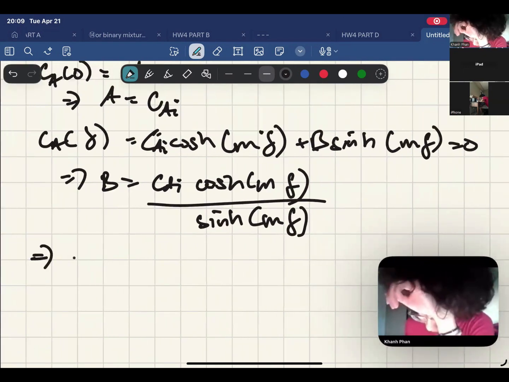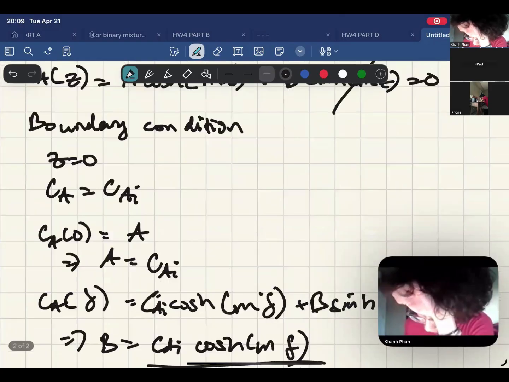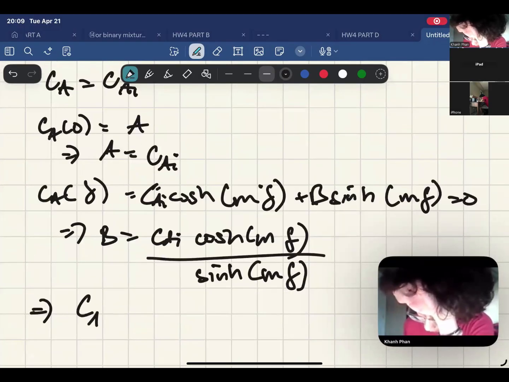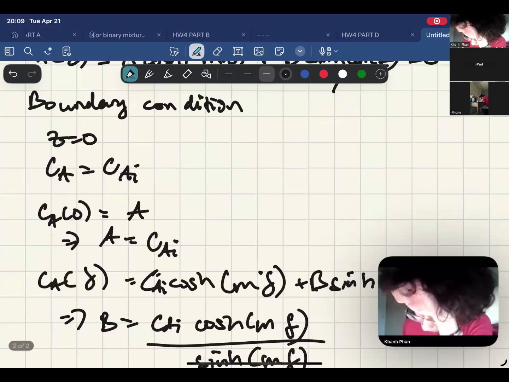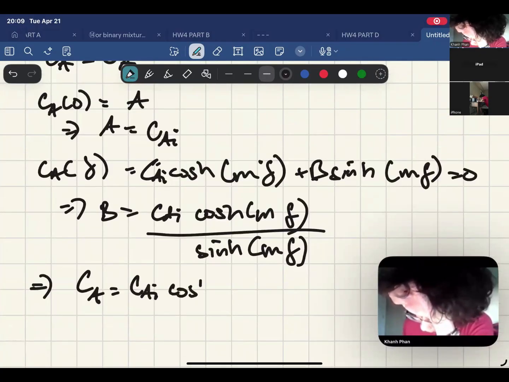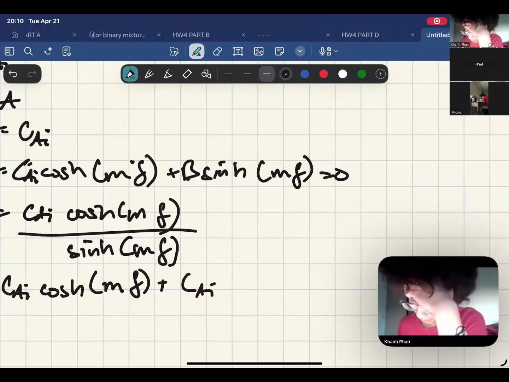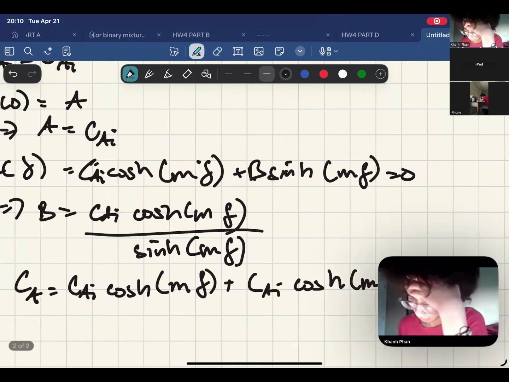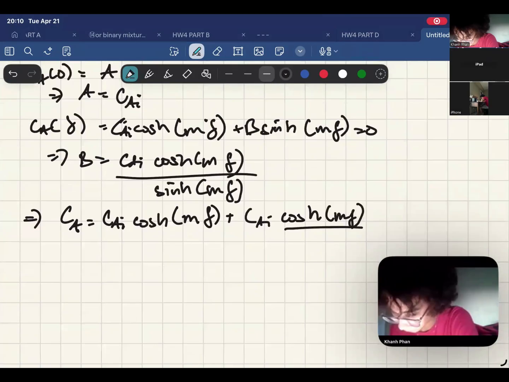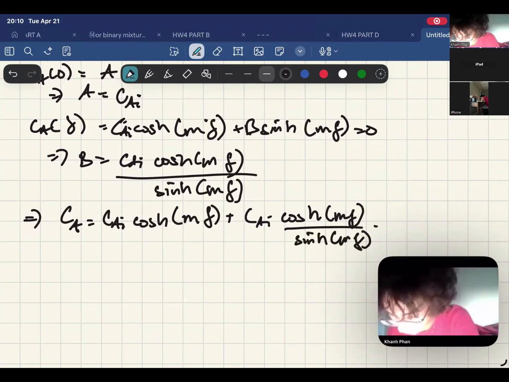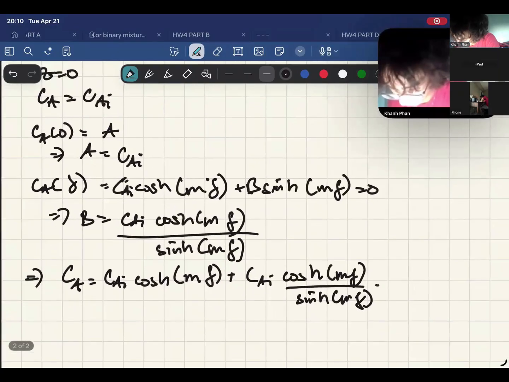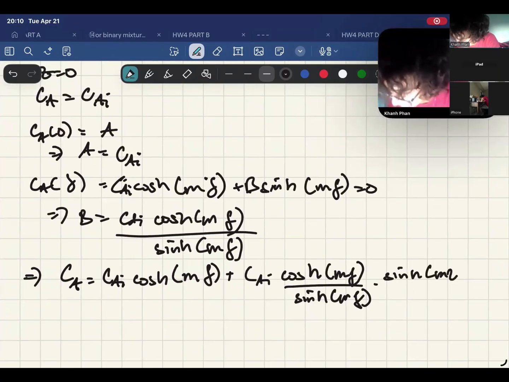So our complete equation would be CA equal to CAi hyperbolic cosine of mz plus CAi hyperbolic cosine m theta over hyperbolic sine of m theta times hyperbolic sine of mz.